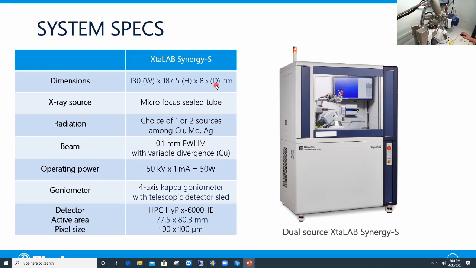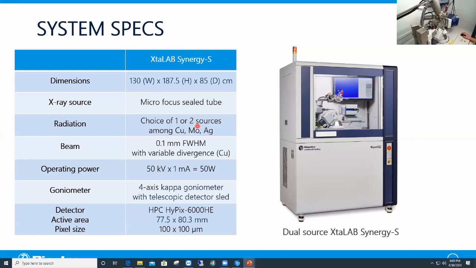The Synergy-S is based on microfocus seal tubes, and you have the choice of one or two sources among copper, molybdenum, or silver radiation. You can set up your system with one source at first and add a second source at some point later.